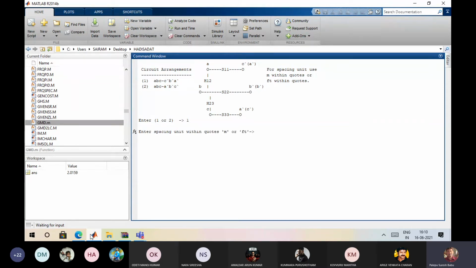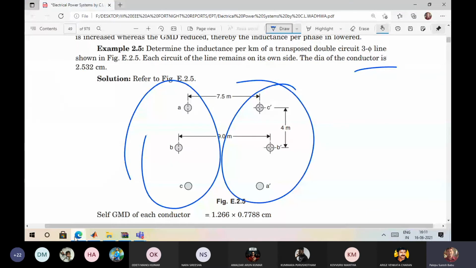For the first entry, we will enter the values in meters only, so select the small m. Next we have to enter the horizontal values A to C dash, B to B dash, C to C dash. You can see these values in the problem: 7.5, 9 and 7.5.